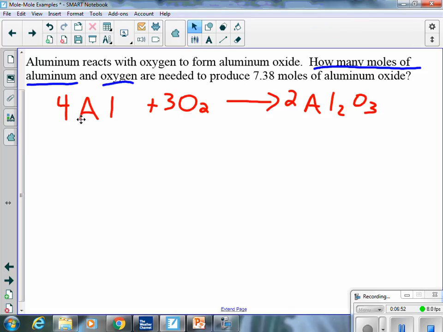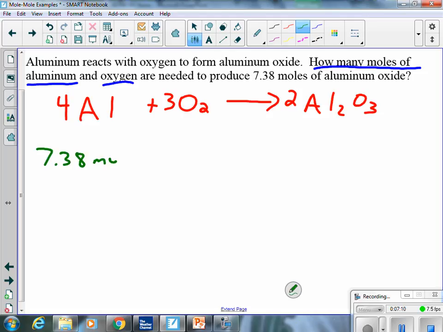It wants to know how many moles of aluminum and oxygen are needed to produce 7.38 moles of aluminum oxide. So I'm going to start off with my given. 7.38 moles aluminum oxide. Since they asked to get aluminum first, I'm going to go to aluminum first of all.